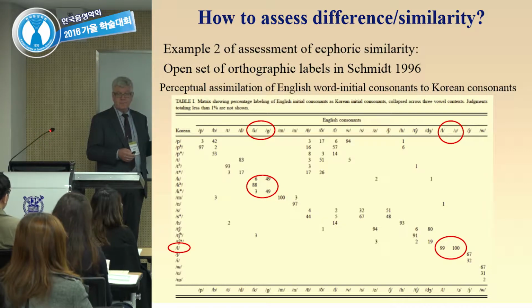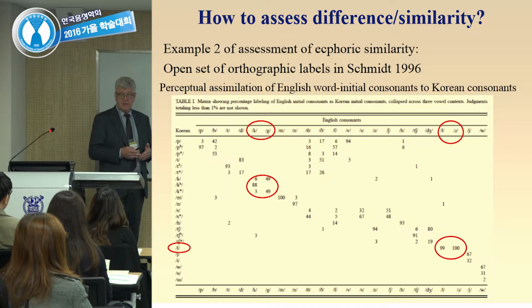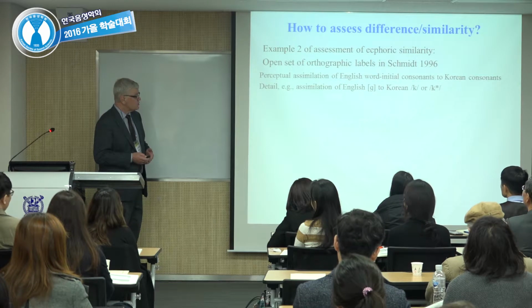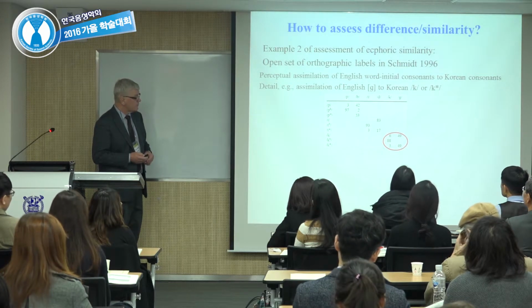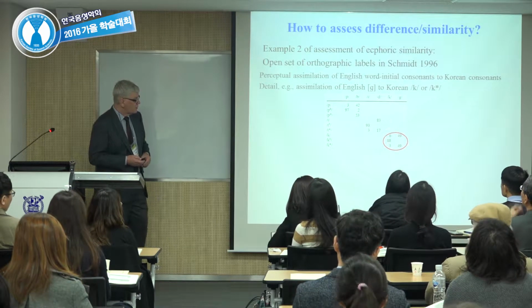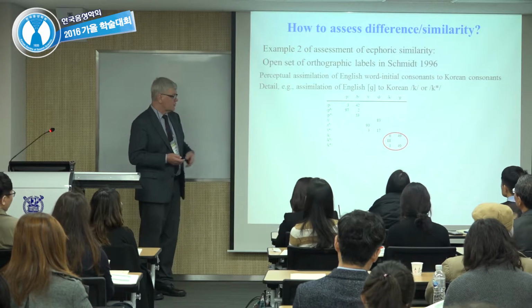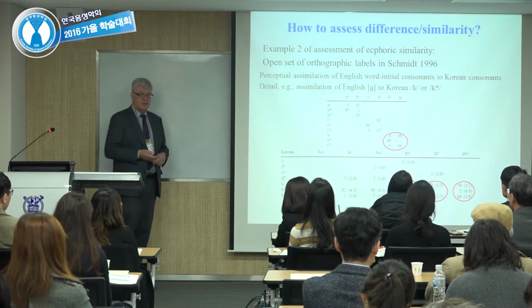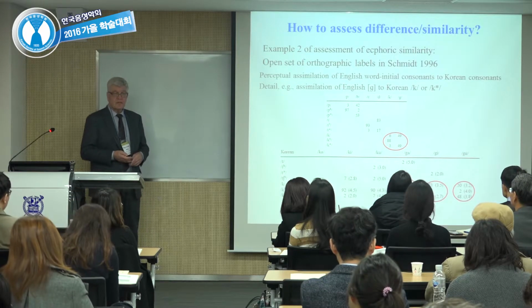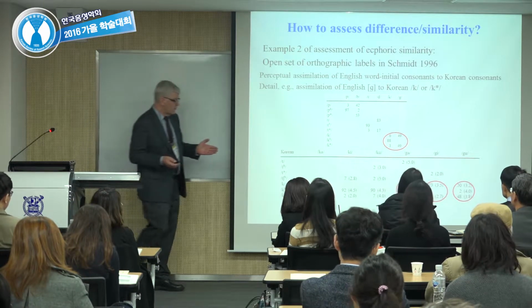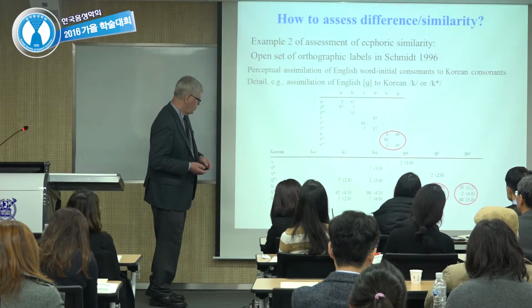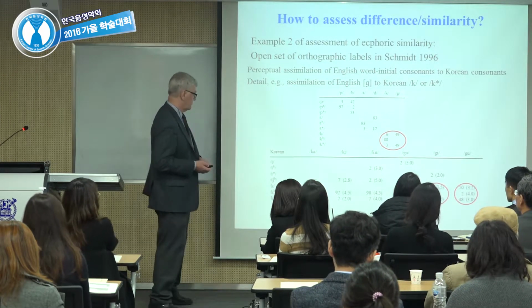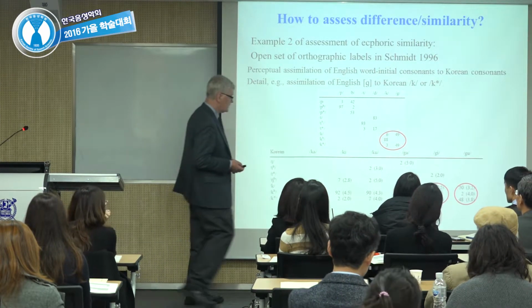As you saw, she presented this in contexts of different vowels. And this shows a slightly different picture. Okay? It shows you that when we look at how these are assimilated in different vowel contexts, then it's not all over the place. What we see here for English g, let me see that this is correct.